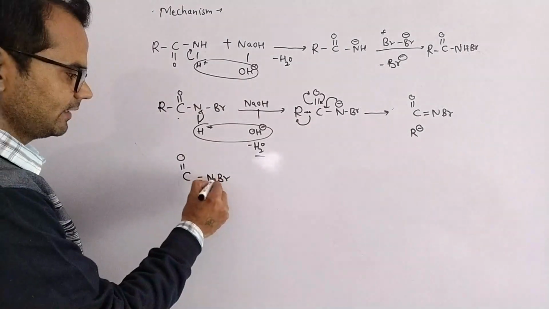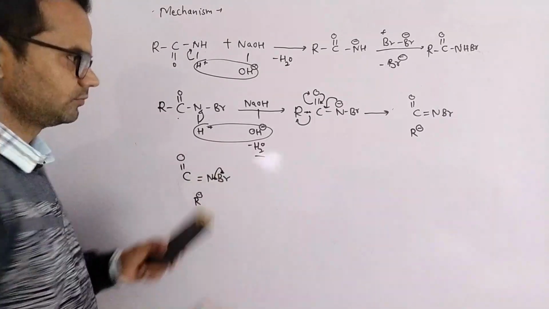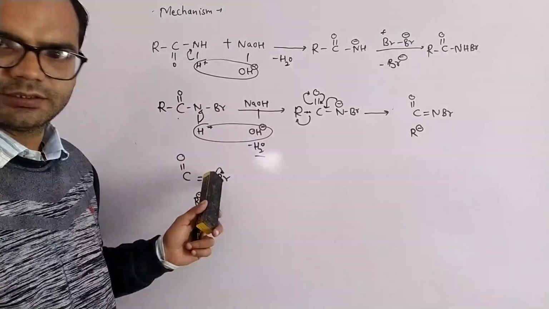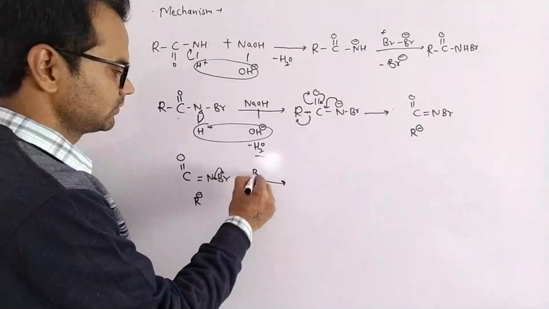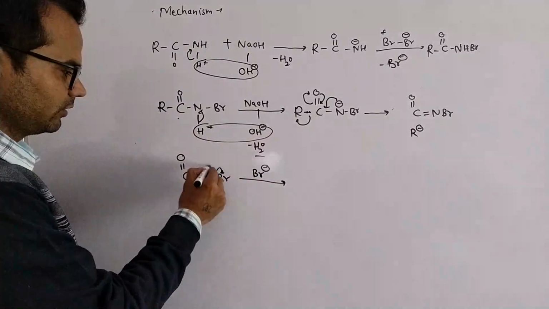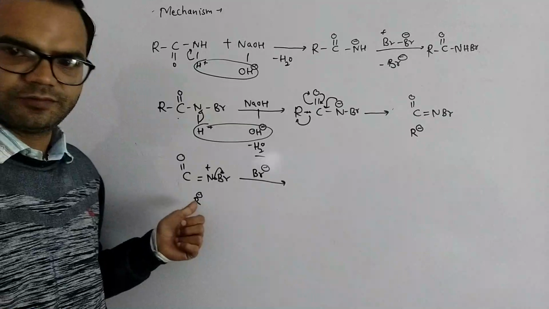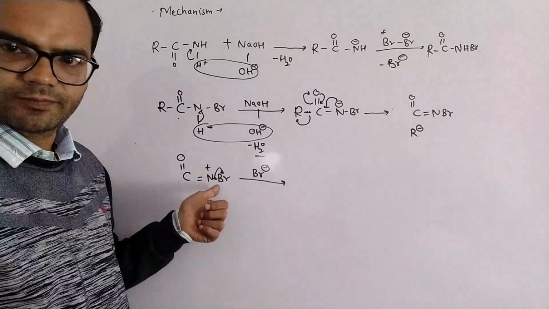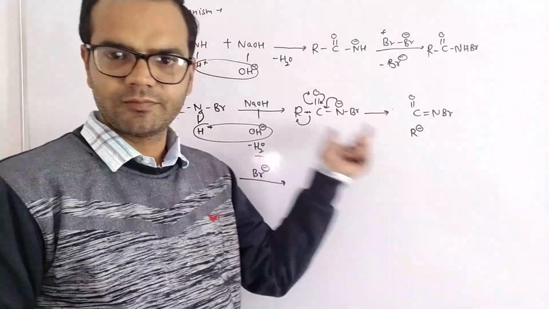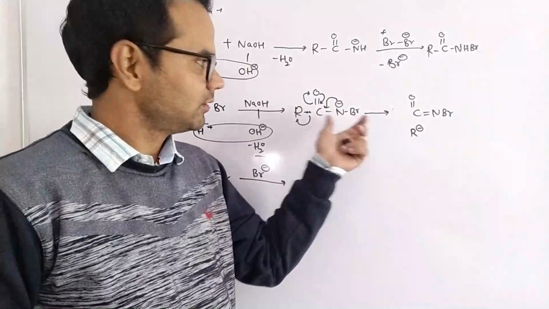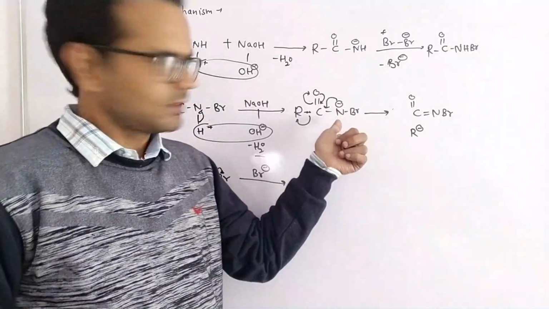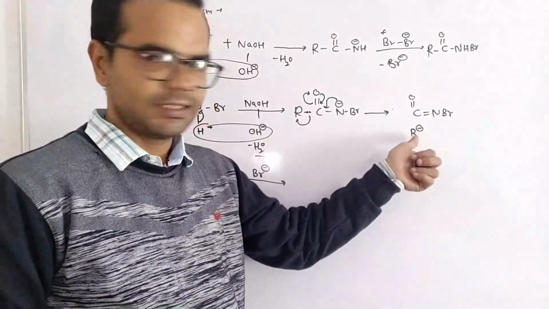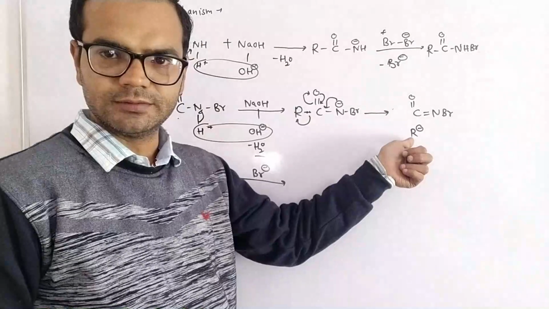So this bromine will take its electrons and leave. So nitrogen will get a positive charge. Now there is a bond formation between this R negative and N positive. So this alkyl group is attached to the nitrogen. That is the main step of the Hofmann bromamide degradation reaction, the quite important procedure. Due to this shifting, this structure arises as a group.